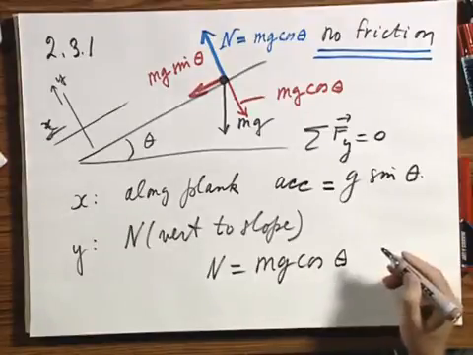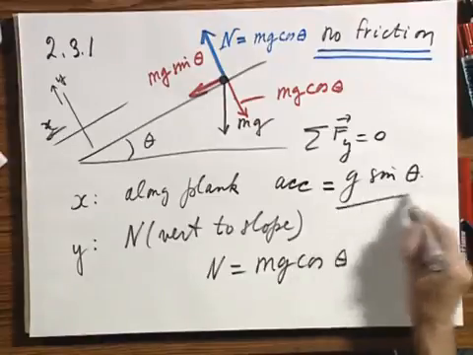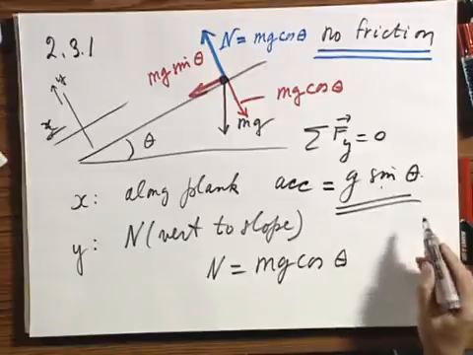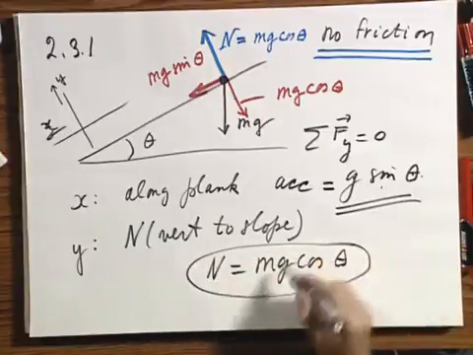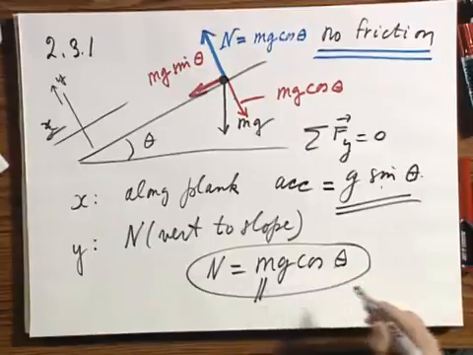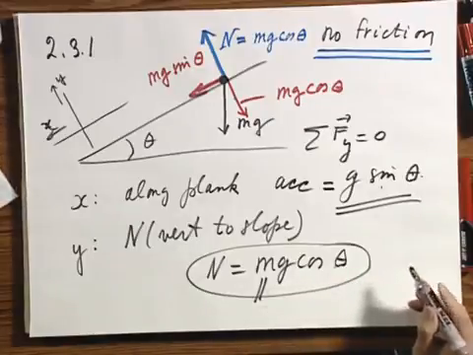Well, you're being asked what the acceleration is along the slope. You know theta and I think you know g, so that shouldn't be too difficult. And you're being asked what n is, and I think you know the mass of the object, and you know theta, so I think you will have absolutely no problems with this whatsoever.